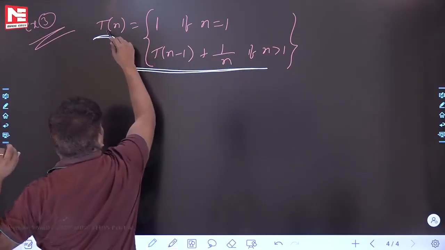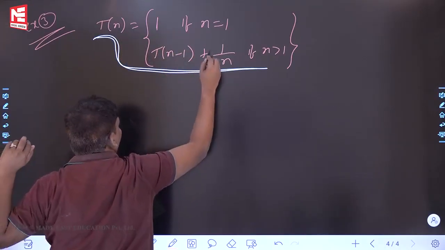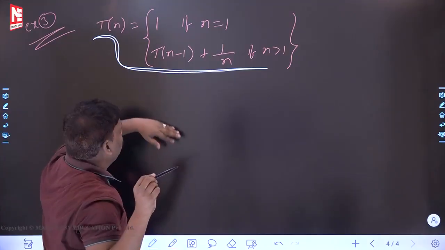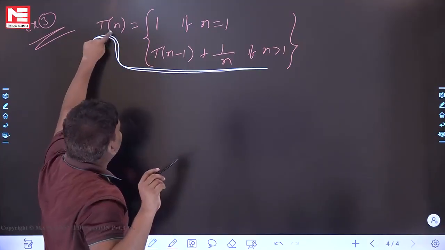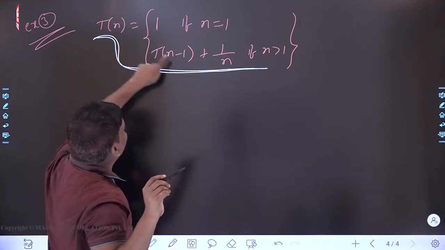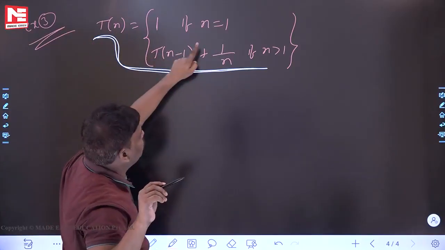Now, because only the else part is important, read it: Tn is equal to Tn minus 1 plus 1 by n. If you are really comfortable with this, before starting to substitute, please verify in terms of numerical values. T10 is equal to T9 plus 1 by 10. T5 is equal to T4 plus 1 by 5. Lastly, T2 is equal to T1 plus 1 by 2.